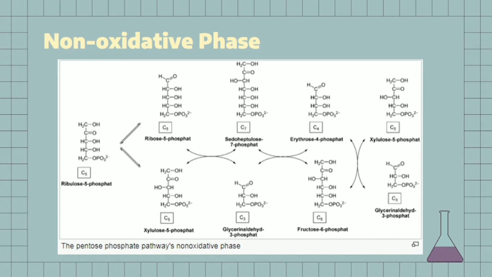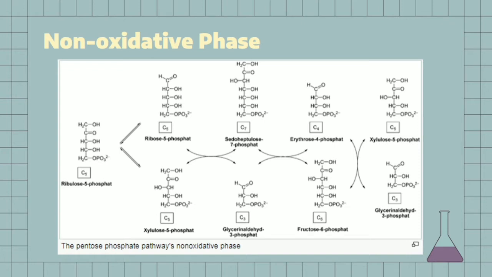The only difference between the two molecules, the ribulose 5 phosphate and the xylulose 5 phosphate, is their stereochemistry. The stereochemistry of their third carbon is different. And why do we want to use the stereochemistry of the xylulose 5 phosphate in the second process?